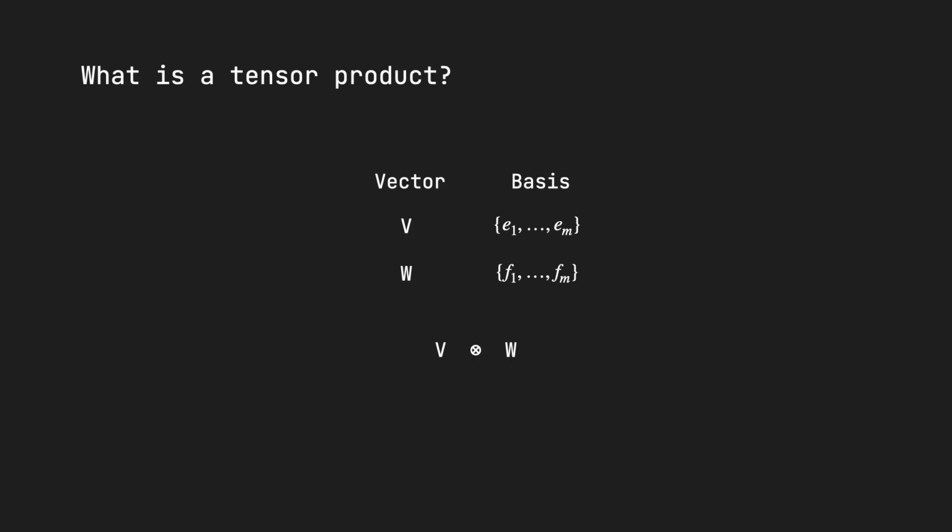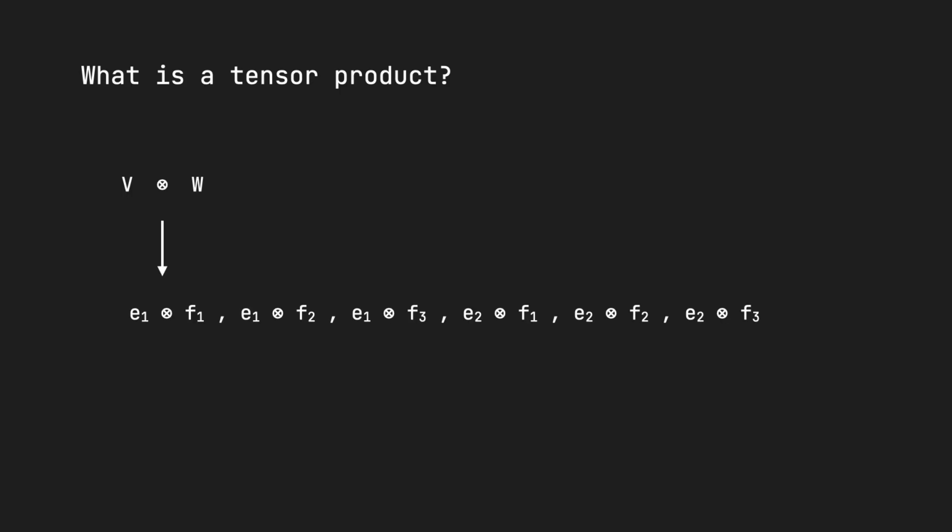So this is a way to combine two vector spaces together. The combination of their bases looks like this, e tensor f. The dimension of this vector space is m times n, so it's the product of the dimensions of V and W. Let's look at how you combine both of them.